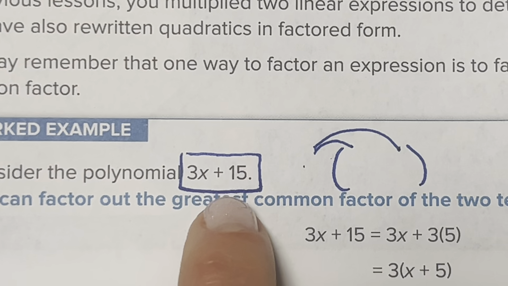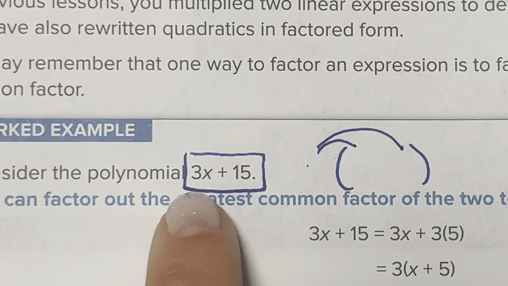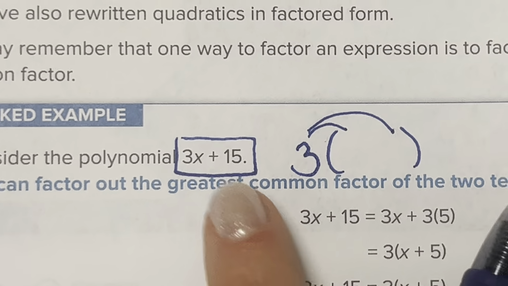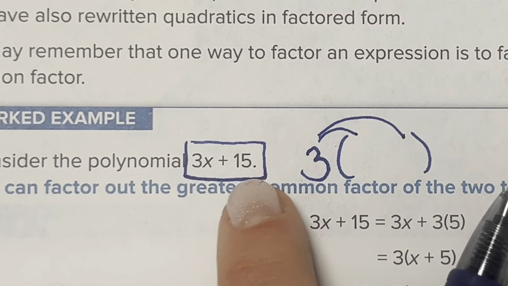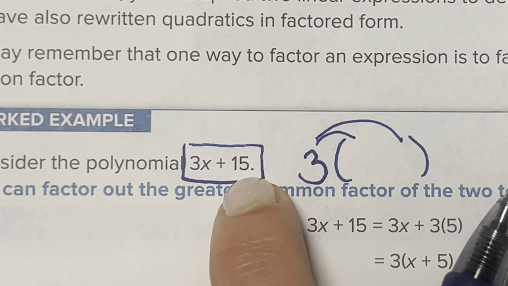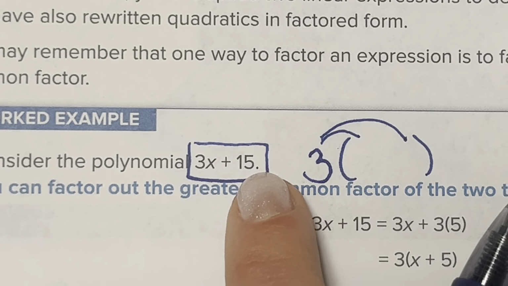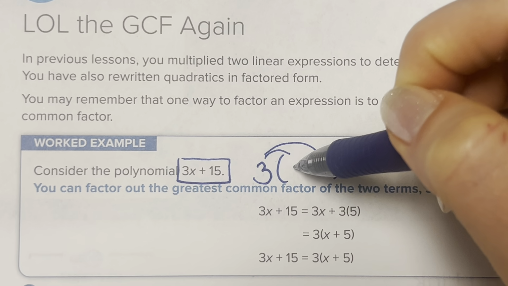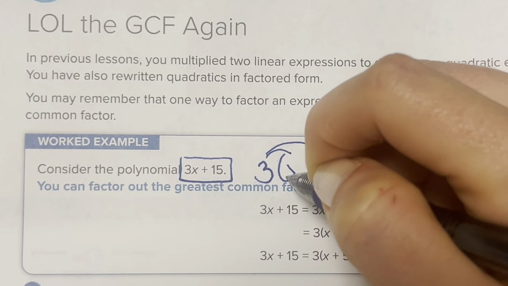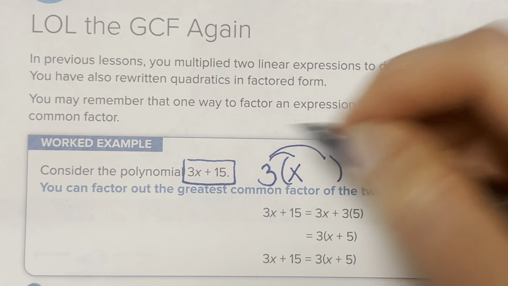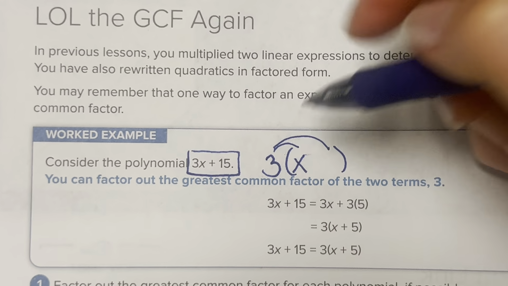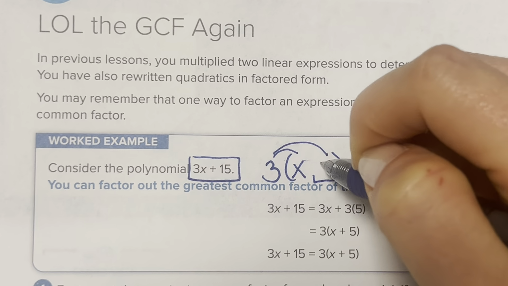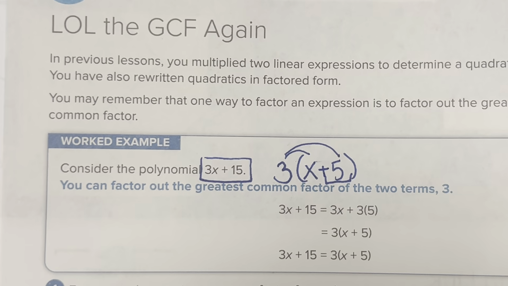The greatest thing that they can both be multiplied by, and the answer is 3. 3 is inside of the 3x, and 3 is inside of the 15 as a factor because 3 times 5 is 15. So you are asking yourself, what would have had to go here? 3 times x is 3x, and 3 times what is 15? Well, 3 times positive 5 is 15.